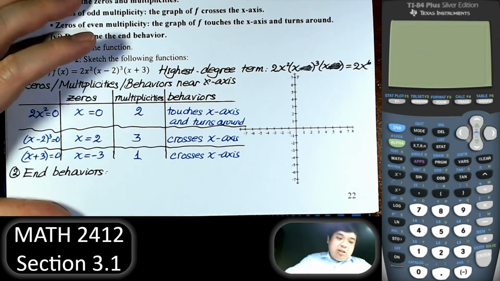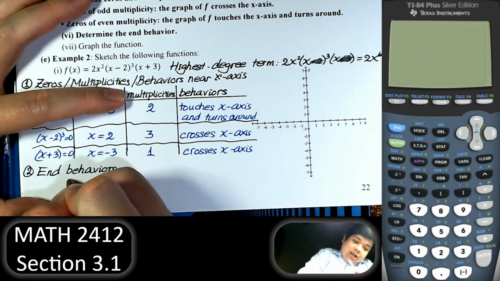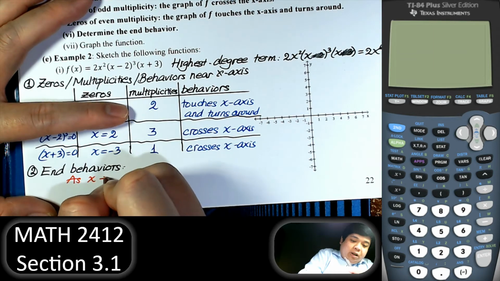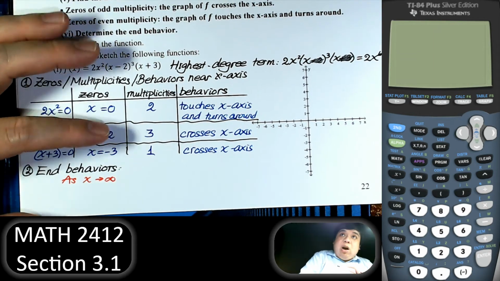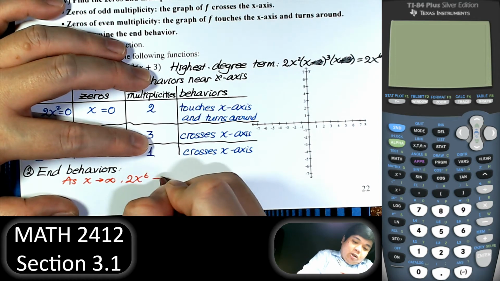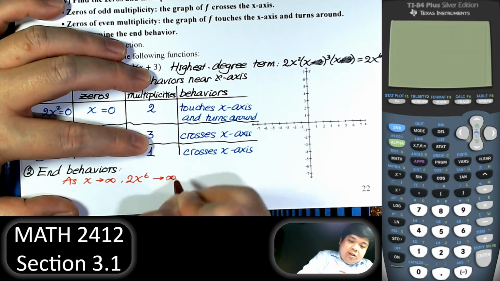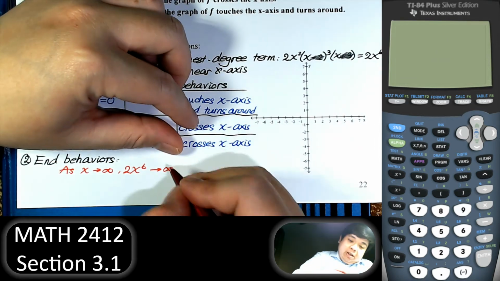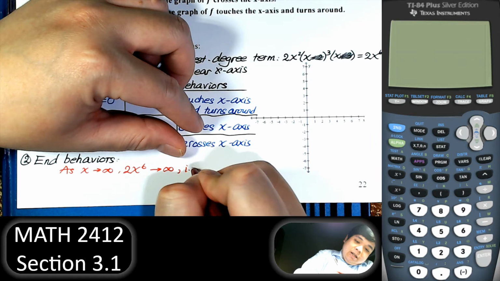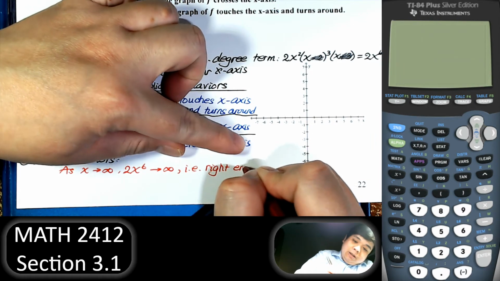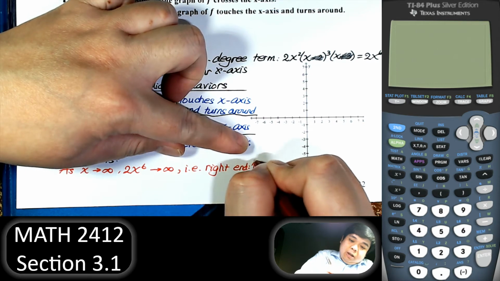Now the end behavior. As x goes to infinity, that means the right end, 2x to the 6 goes to infinity as well. Because it's even, it's going to be even, meaning that the right end goes up.